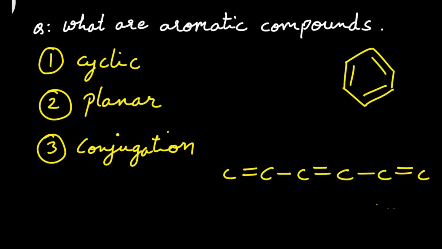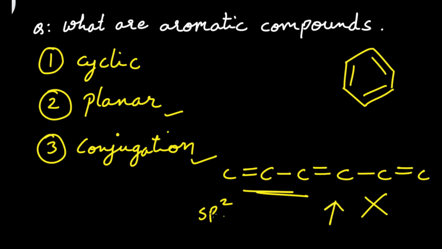Is this in conjugation? Yes. So this condition is satisfied. Now the hybridization of all the carbons is sp2, so the geometry is definitely planar. Second condition is also satisfied. Now look at the first condition, cyclic. Is this molecule cyclic? No, this molecule is not cyclic. So this is not aromatic.